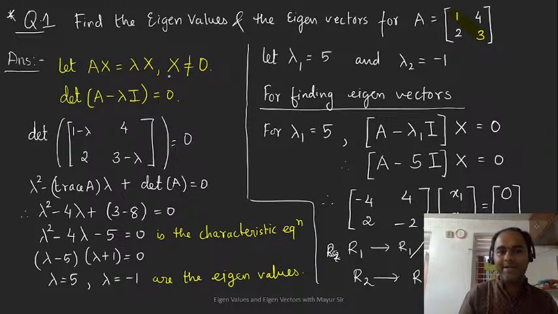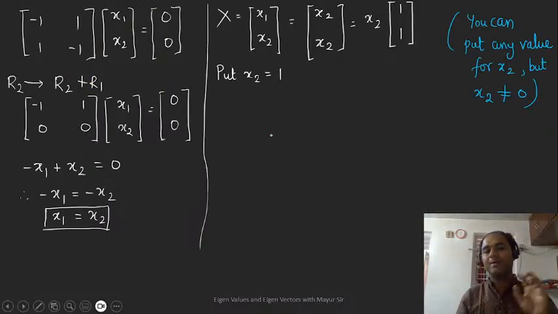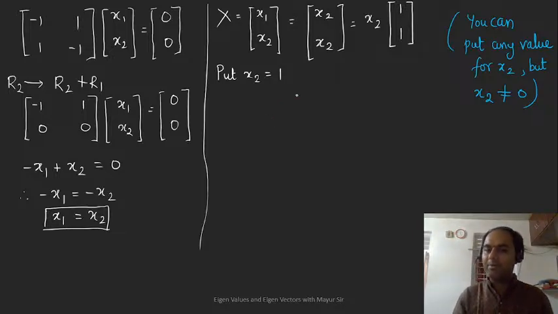What is that? Capital X is a non-zero vector. So when you are writing that capital X is a non-zero vector, you have to remember that x2 cannot take 0 value.